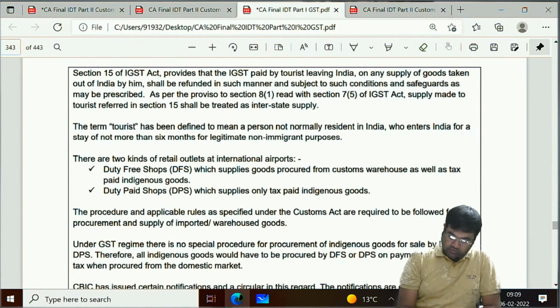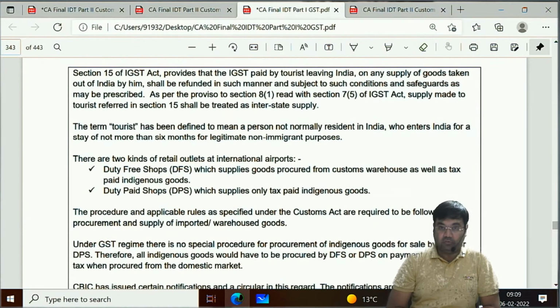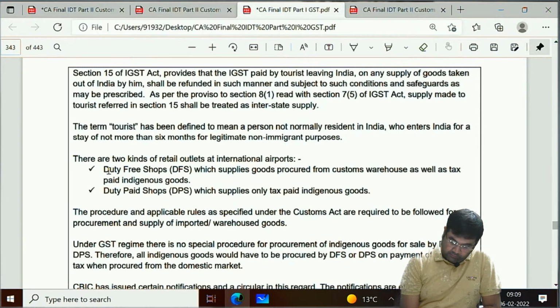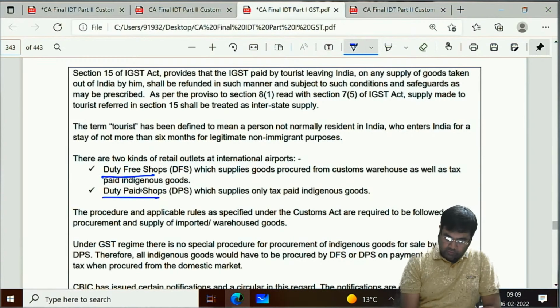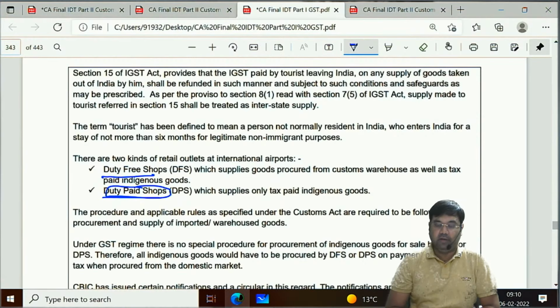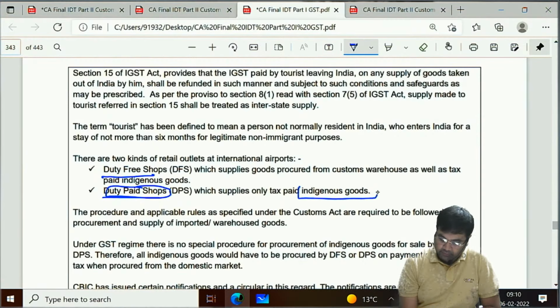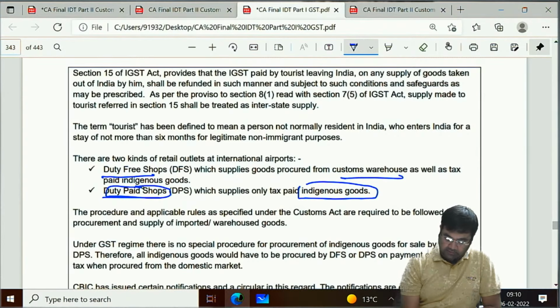So there are two types of retail outlets at an international airport. One is duty free shops, another one is duty paid shops. Duty paid shops normally buy the goods from India only, indigenously. Duty free shops buy from a custom warehouse as well as tax paid indigenous goods.